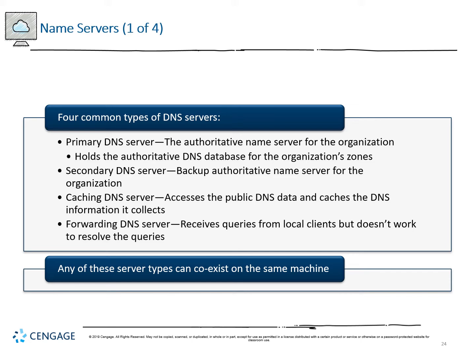So rather than flooding the DNS primary with traffic, we can have these caching servers, which allow faster transition of information. Forwarding DNS servers just receive queries but do not do anything to resolve them. So it'll pass the DNS request information on to one of the other three. Any of these server types can coexist on the same hosting machine. So a caching server and a forwarding server could be on the same one. Secondary and caching doesn't really matter.